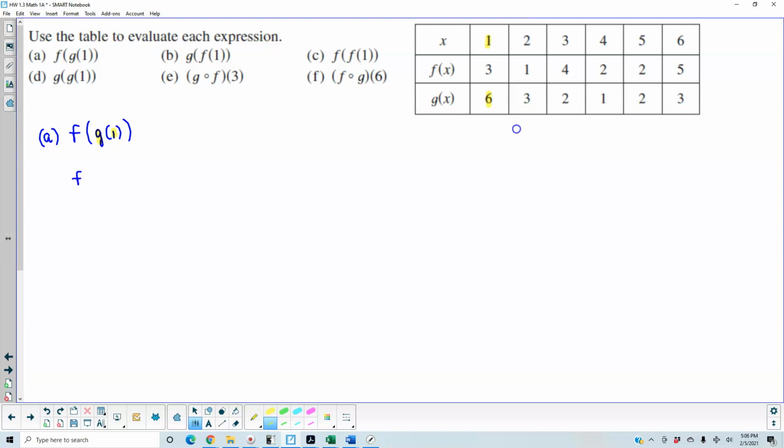So therefore, we want to find f of 6. Now f of 6 means that 6 becomes the input for f. So this becomes the input and the output is 5. So the answer is 5.